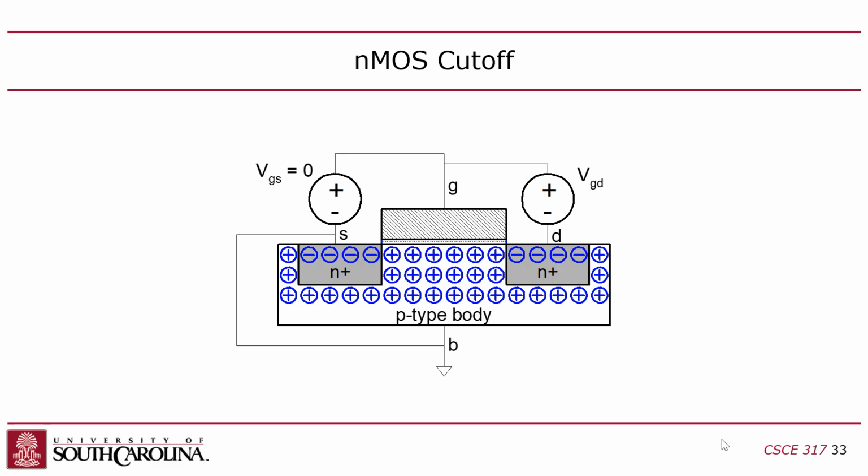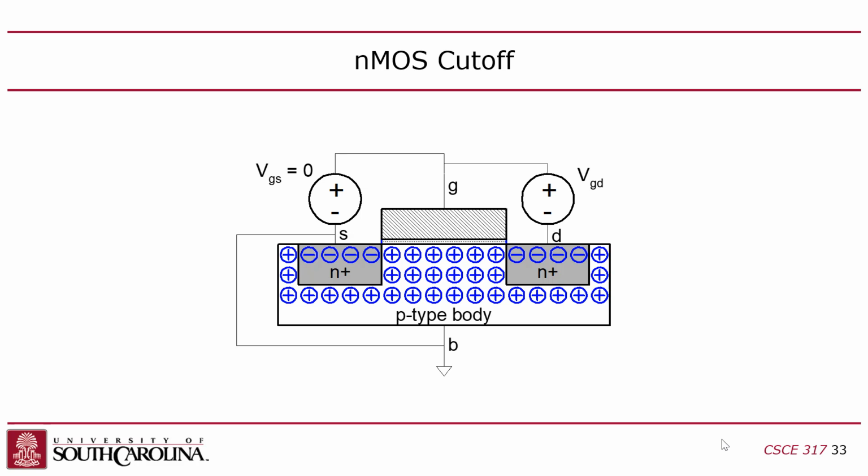Now, I mentioned that the static power consumption comes from the fact that even when it's off, there's still some current that can flow from source to drain, but very little. So when the transistor is in cutoff, it will have a very high effective resistance.